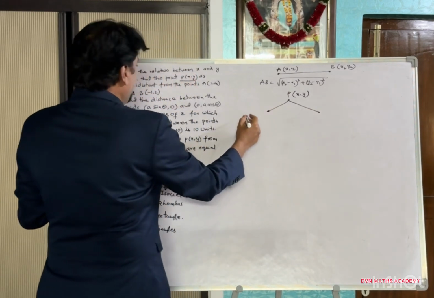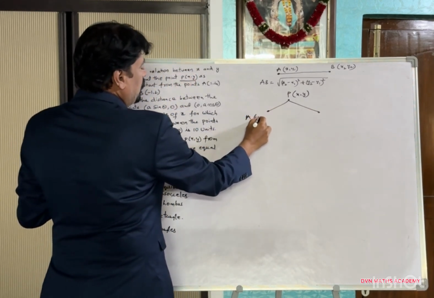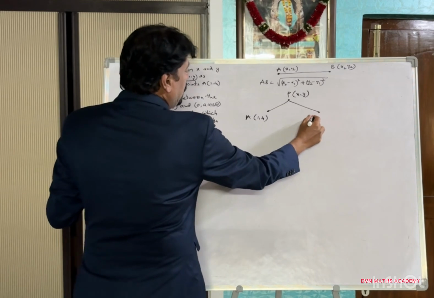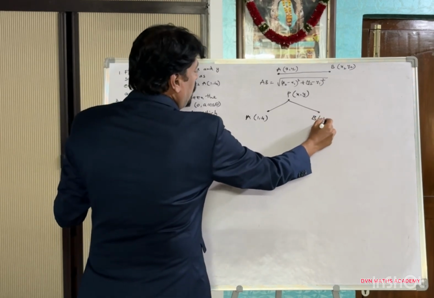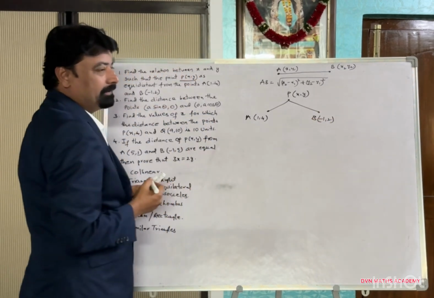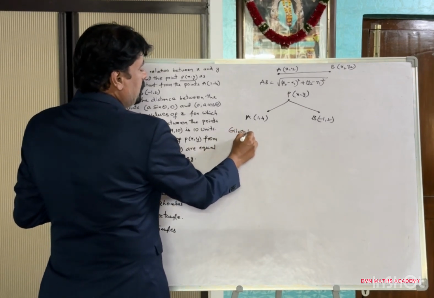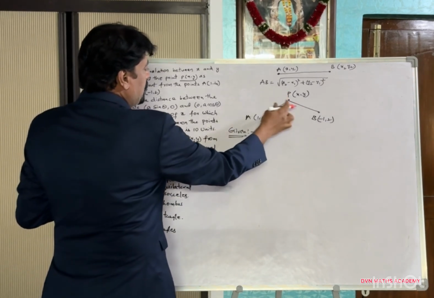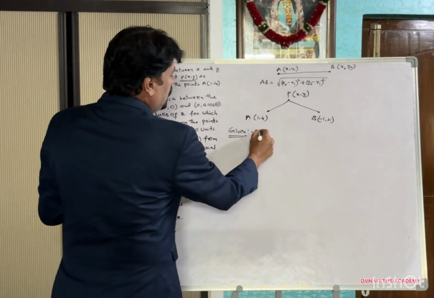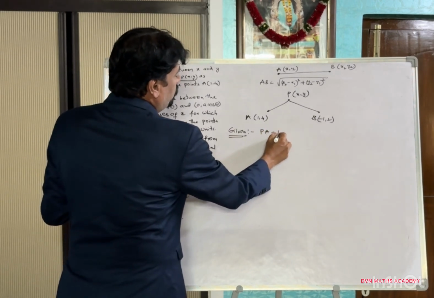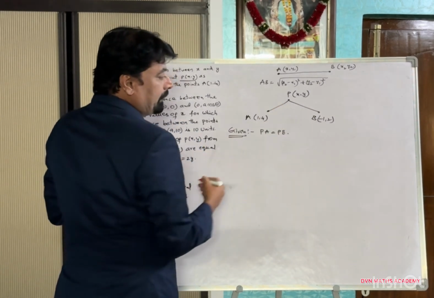The first point A is (1, 4) and B is (minus 1, 2). According to the question, P is at equal distance from these two points, so directly we can write PA is equal to PB.